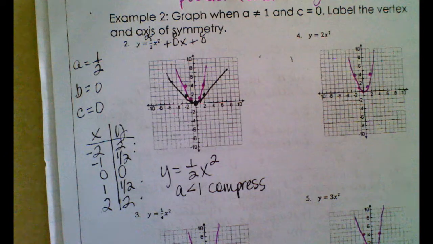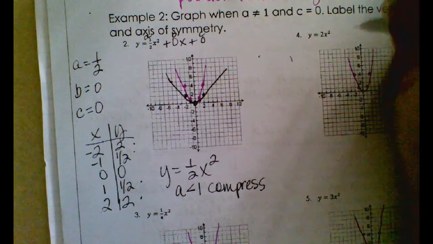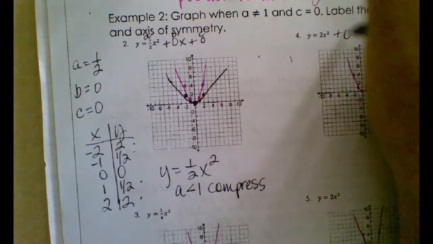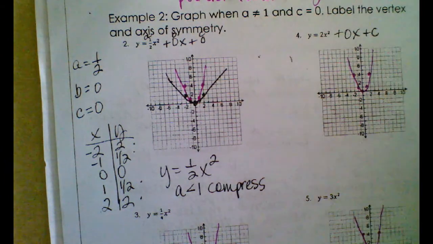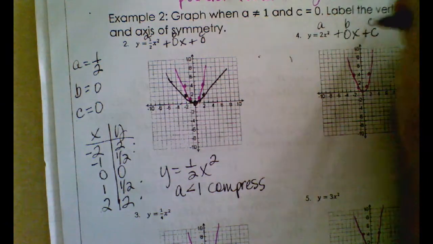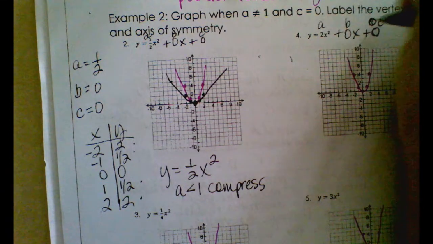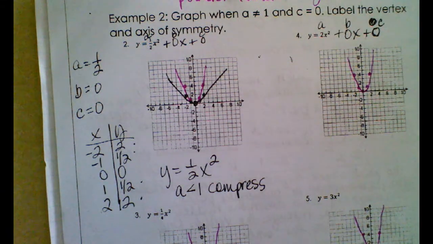So let's try number 4. Let's see who's going to do that. Noah. Okay, so Noah, what's your A value? 2. Good. What's your B value? 0. And what's your C value? Good.